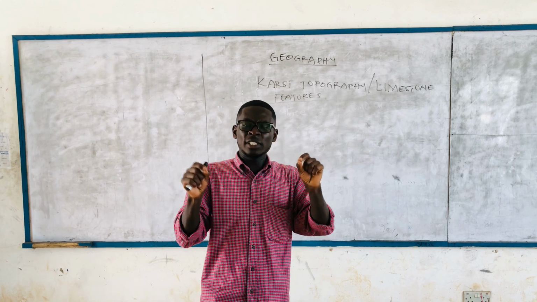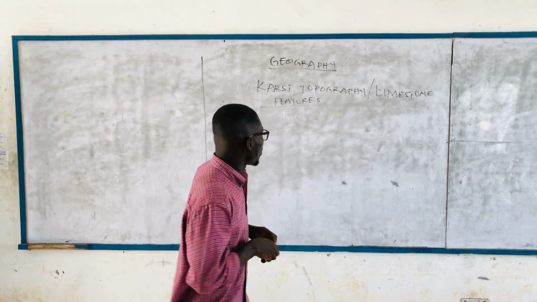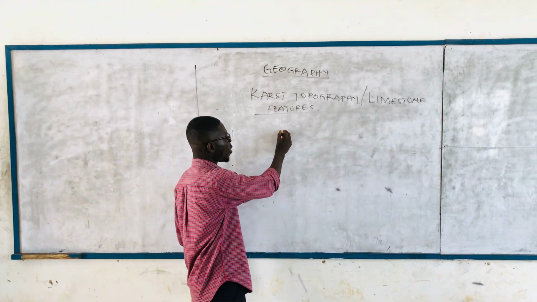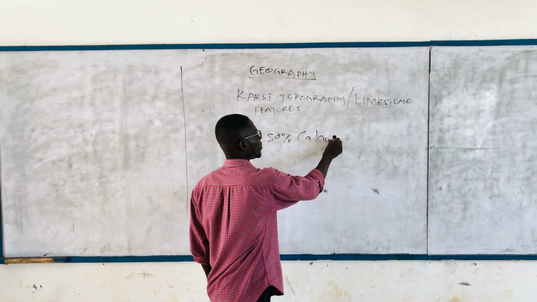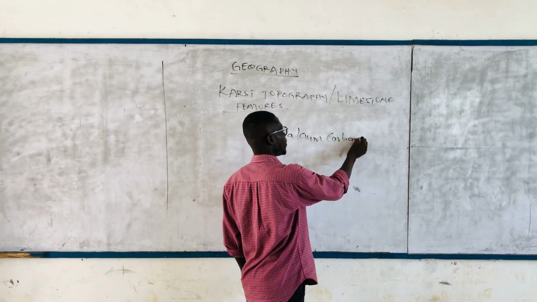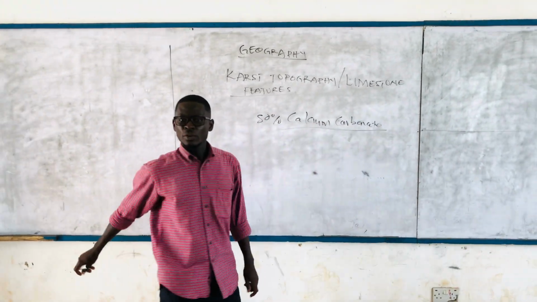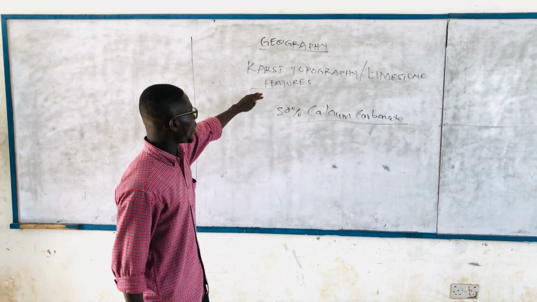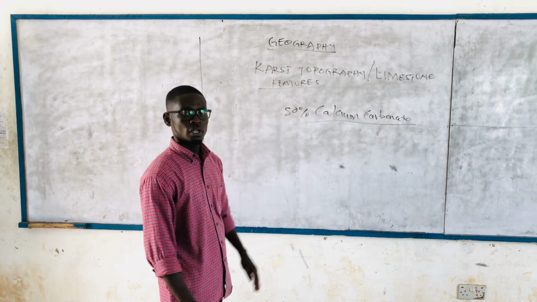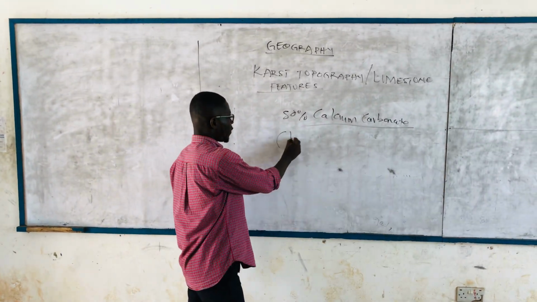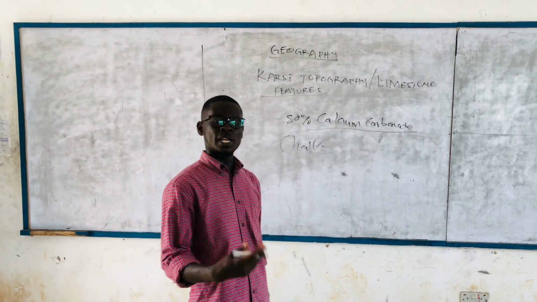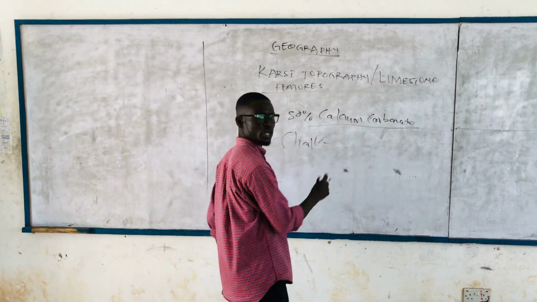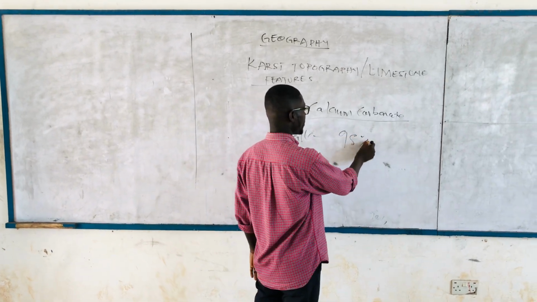When a land is made up of almost 50% calcium carbonates, we are defining limestone. Chalk is also a mineral that is made up of calcium carbonates, rating from 95%.